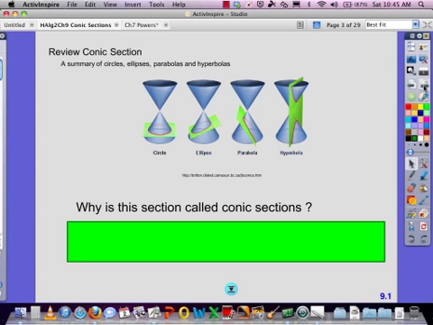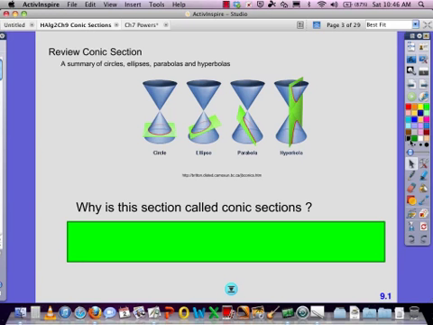So if you look carefully, and I'm sure you could find plenty of little short videos about this that are probably interactive, you will notice that in this first one, in your double cone, the plane intersects only one of the cones, and it is parallel to the base of the cone. Think of it that way. So if it is parallel to the base of the cone, the part where the plane and the double cone intersect is that red circle.